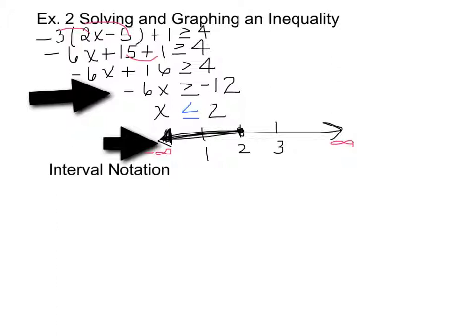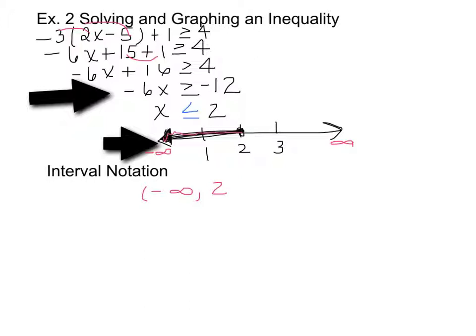And when you write in interval notation, you always want to go smallest to largest. So when you write your interval notation, we're going to start with the smallest, which is negative infinity, and I'm going all the way up to 2.